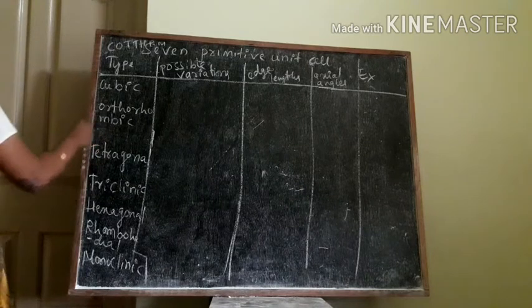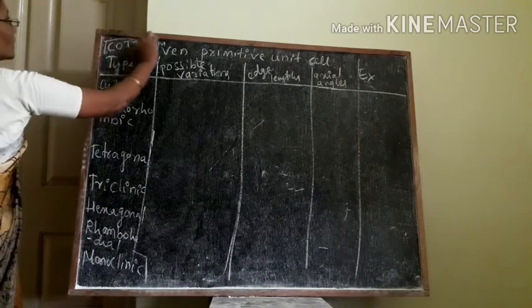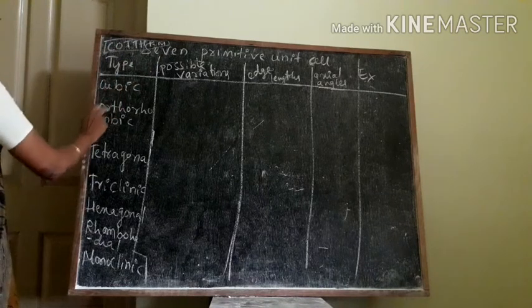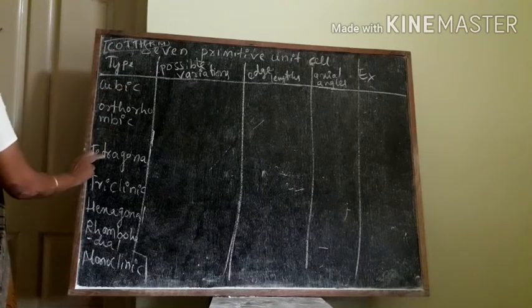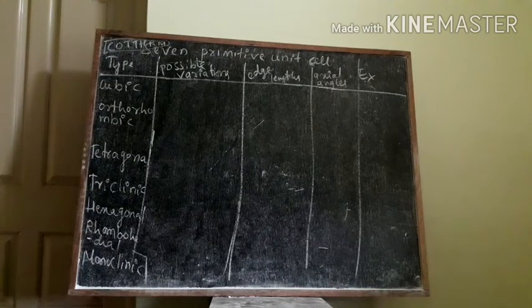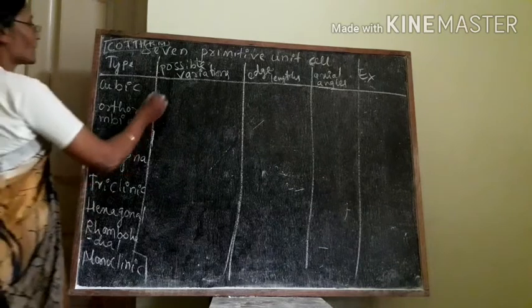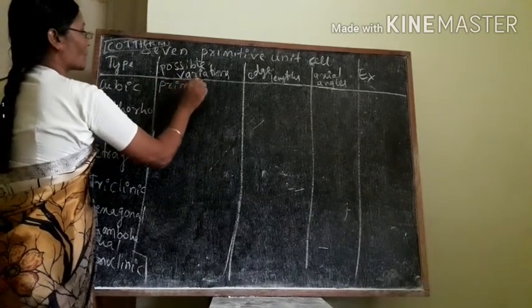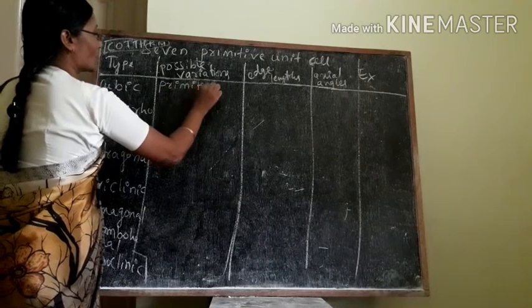C means cubic, orthorhombic, tetragonal, triclinic, hexagonal, rhombohedral and monoclinic. In cubic, what we have is the primitive cell, only one: primitive or simple cube.